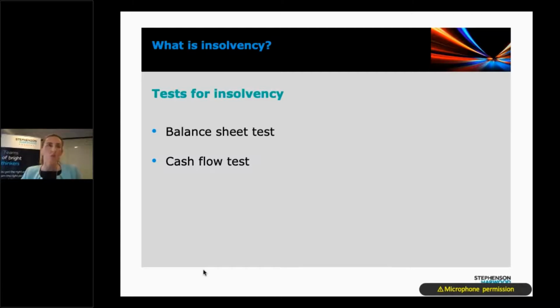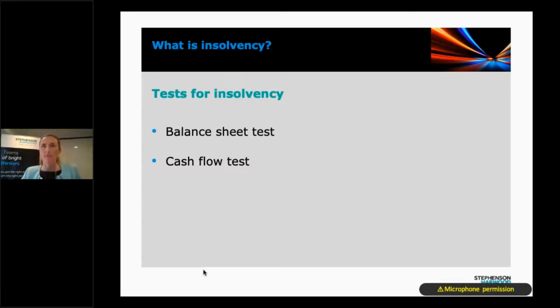Whereas the cash flow test is that a company is insolvent if it's unable to pay its debts as they fall due. We'll speak a bit about a compulsory winding up, which is also the type of winding up Jeremy was speaking about. In a compulsory winding up, evidentially one of the easiest ways to get a winding up order is to prove that a company is unable to pay its debts.